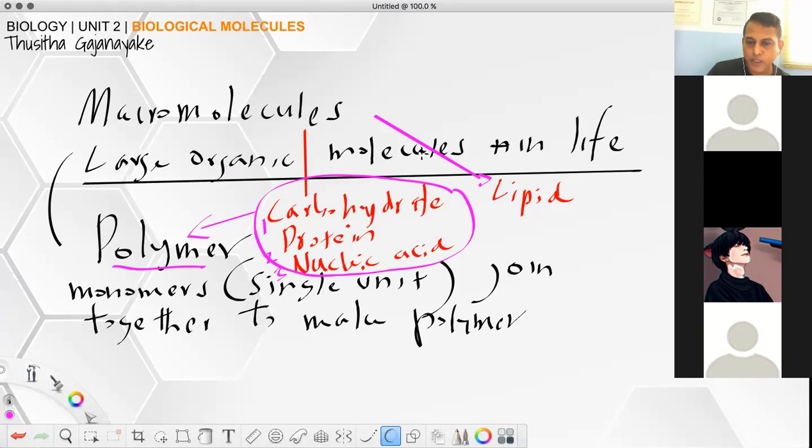Macromolecules, large organic molecules in life, and macromolecules mostly exist as polymers. Monomers, single units, joined together to make polymers. Carbohydrate, protein, nucleic acid are examples of polymers, but lipid is not made out of single units.